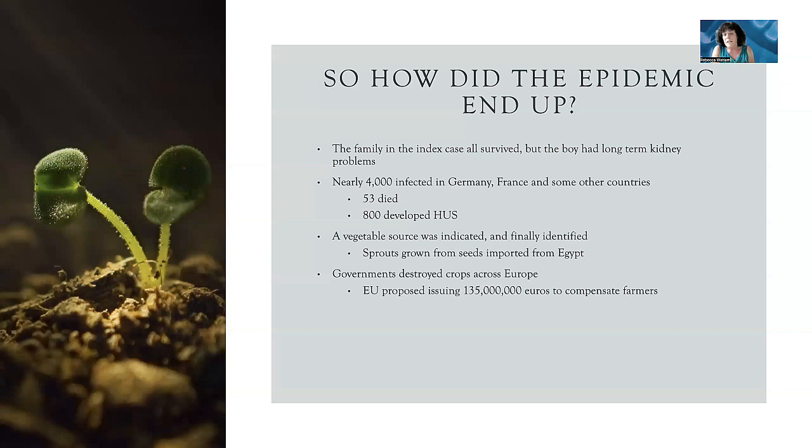But they finally found that it was in sprouts from seeds that had been imported from Egypt. And so the government's destroying all those crops. It caused a lot of damage, not only the people who were getting sick, but to the farmers growing their crops. So public health people, the kind of impact that they make in their work can help all of us.